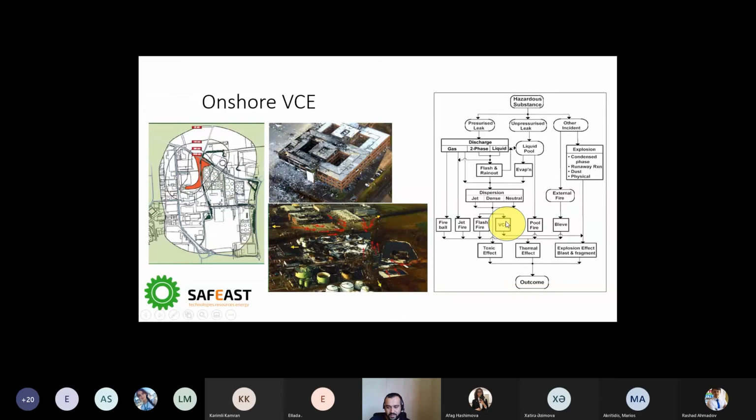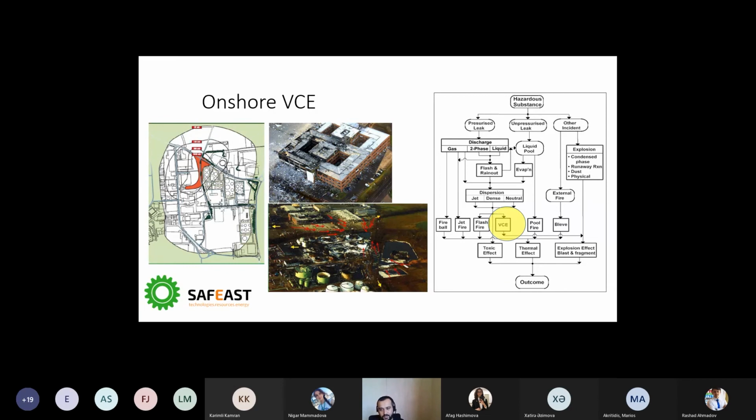And this either-or really depends on whether the area is congested or confined. For example, if you have natural gas, like the normal domestic gas we are using, and you release this outside, it will just disperse. But if you release this inside your home, due to confinement from the walls, if you ignite this, it will make an overpressure wave. So this kind of thing decides if it will be a flash fire or a vapor cloud explosion.